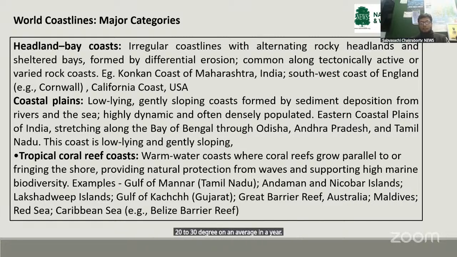These warm water coasts harbor coral reefs, which grow parallel, fringing the shore, and provide natural protection to the coastal areas. Coral reefs also support high marine biodiversity. For example, you can find these in the Gulf of Mannar, Andaman and Nicobar Islands, Lakshadweep, and the Gulf of Kutch. Maybe you are also quite familiar with the Great Barrier Reef in Australia, the Maldives, and the Caribbean Sea.